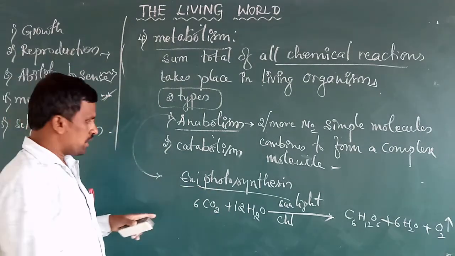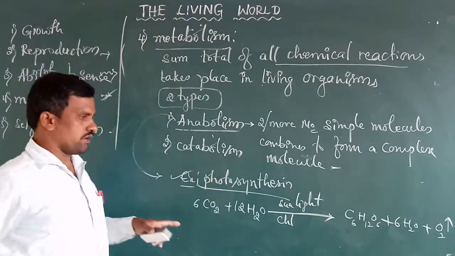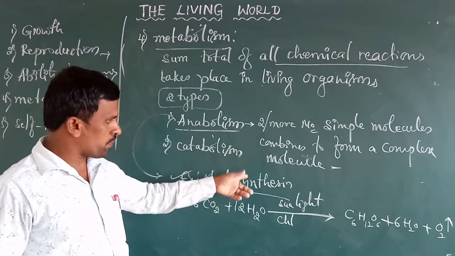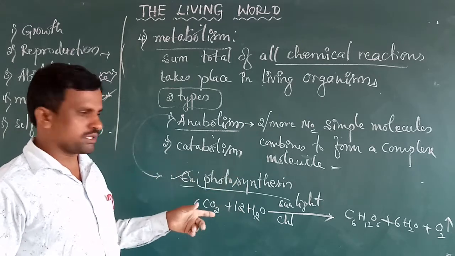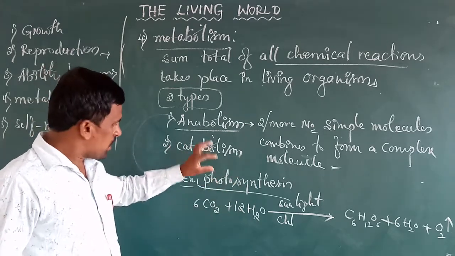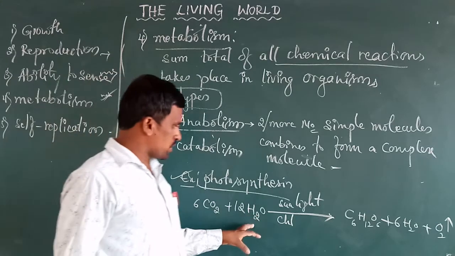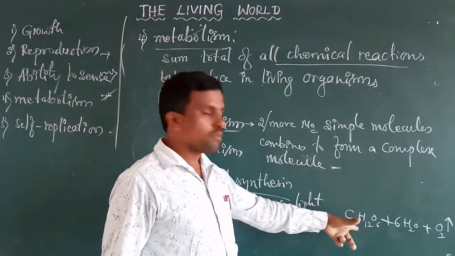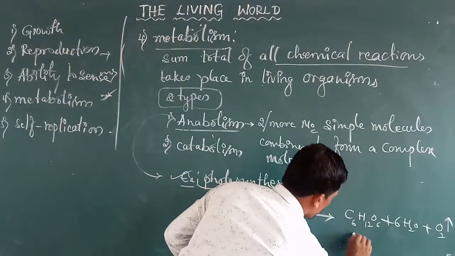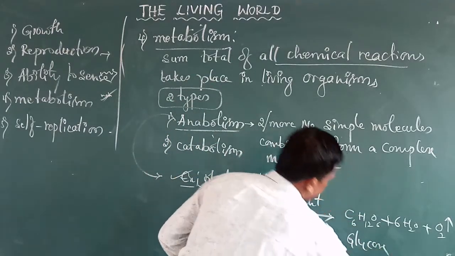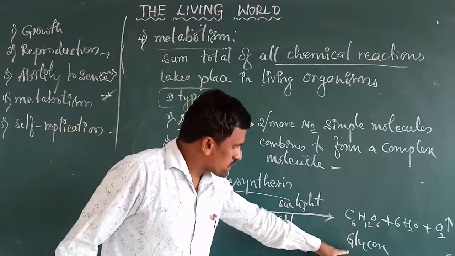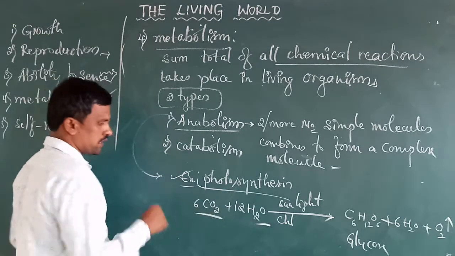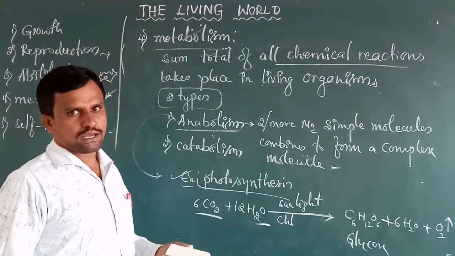You already know the definition of photosynthesis. Plants prepare their own food by photosynthesis, utilizing carbon dioxide and water with sunlight and chlorophyll to produce glucose. So glucose is a complex molecule formed from the simple molecules of water and carbon dioxide.